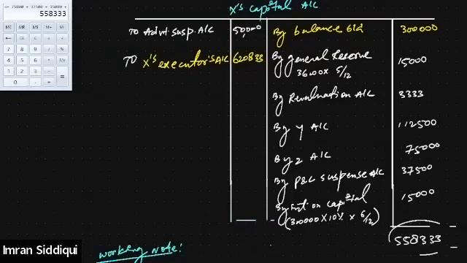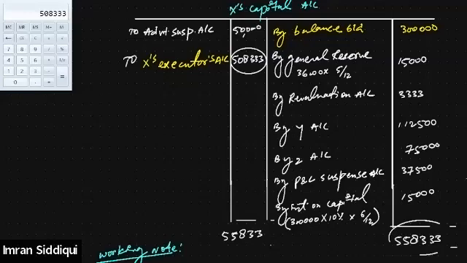Sorry. And now we will subtract 50,000 out of it, and the remaining amount should be, just a minute. This is the remaining balance which needs to be transferred to the executor's account.